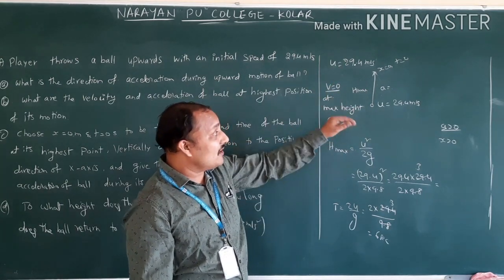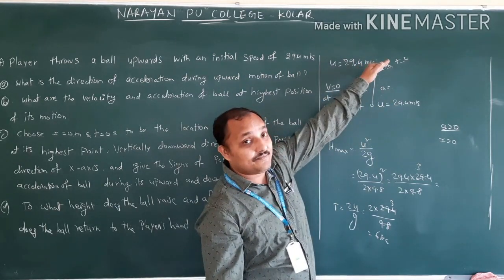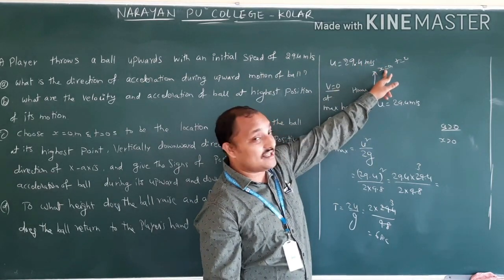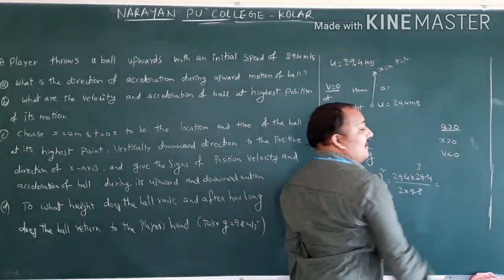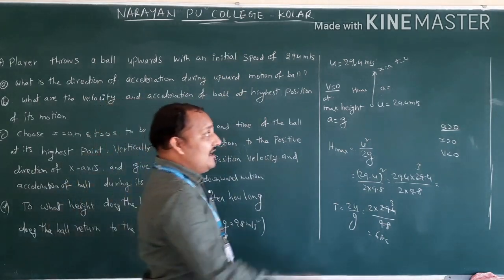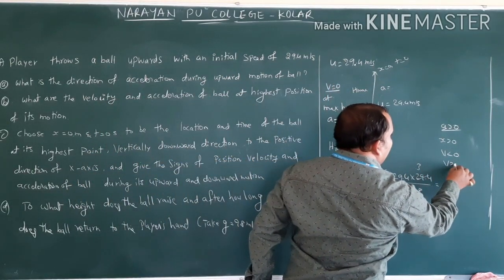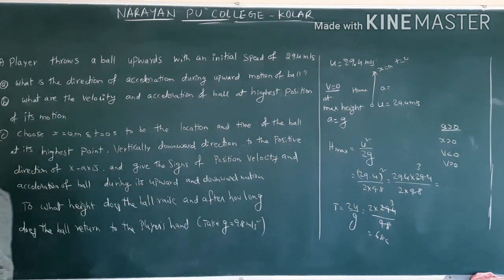If it is going upwards, here initial velocity 29.4. Maximum velocity, at maximum height, what is the velocity? 0. Velocity is decreasing in upward direction. In downward direction, velocity is increasing. They will write v greater than 0. Those are nothing but signs of position, velocity and acceleration.